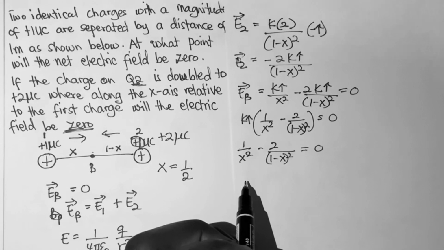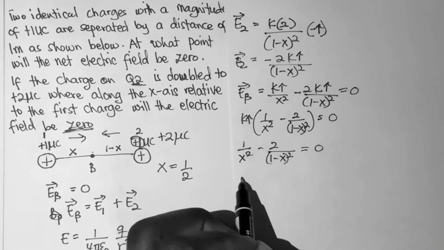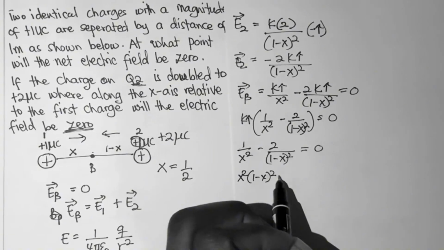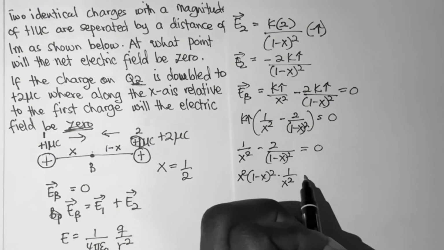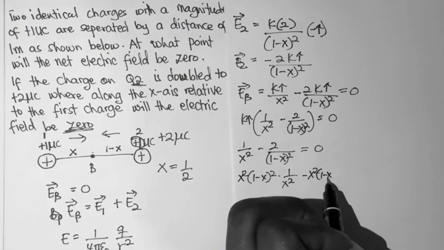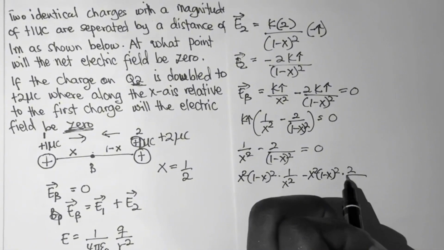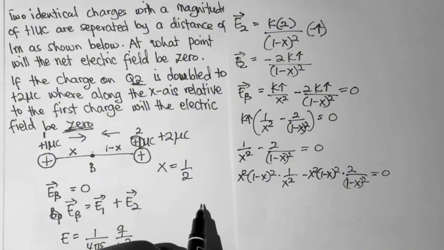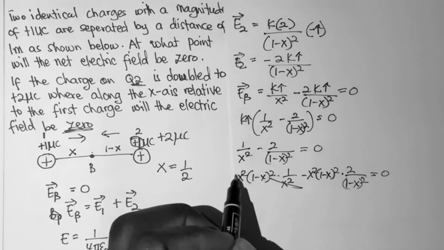So let's multiply through. Multiplying through, we get x squared times (1 minus x) all squared times 1 over x squared, then minus x squared times (1 minus x) all squared times 2 divided by (1 minus x) all squared. This is equal to 0. So this one and this will cancel.